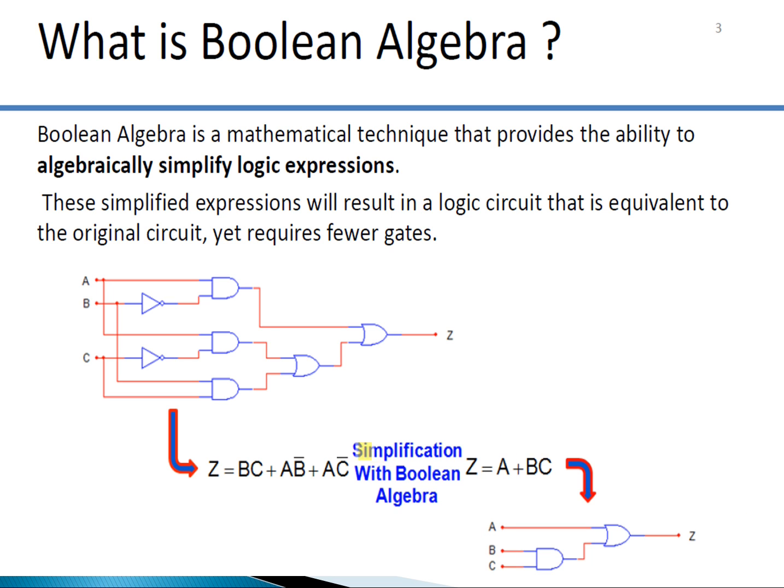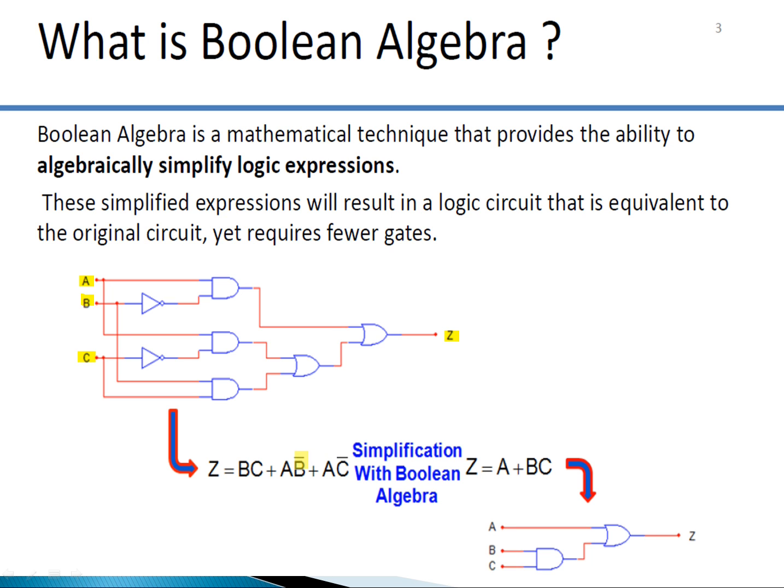So let's consider this logical circuit. Here you can see A, B, C are the three different inputs for this circuit, and you can call these the variables, and Z is the output of this circuit, and you can write the logic expression for this circuit, that is Z equal to BC plus AB bar plus AC bar.